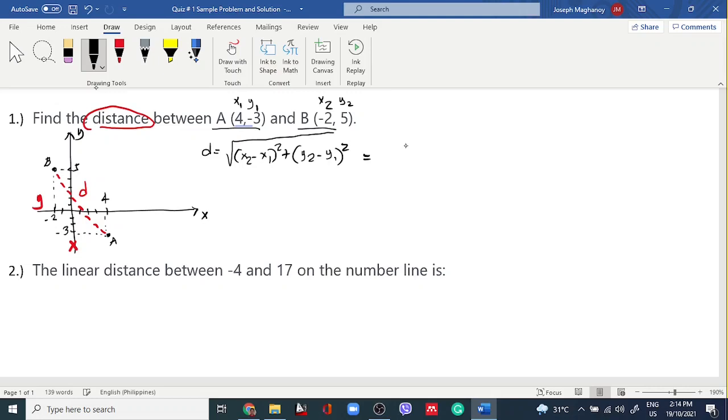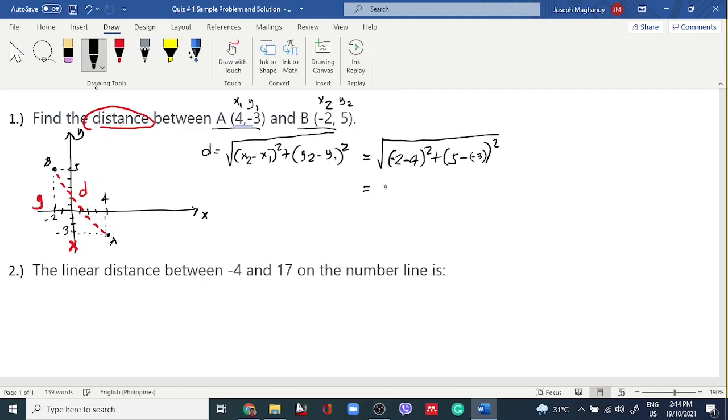Okay. Let's substitute. So square root of, x sub 2, that is -2, minus x sub 1, that is 4, squared, plus y sub 2, that is 5, minus y sub 1, that is -3, squared.